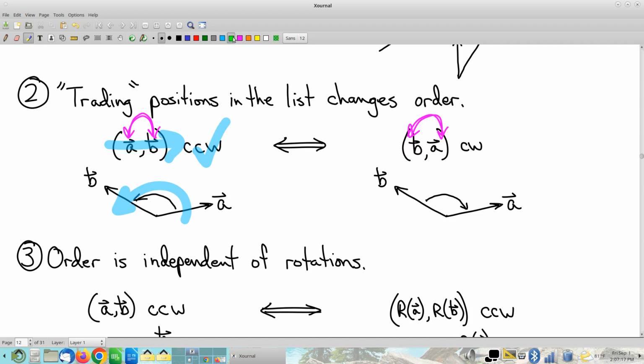But the new list, B to A, clockwise. So trading the two vectors' positions in the list changes the order. Nice, simple. This is not a sometimes or a most of the time. It's always. Okay. All right.